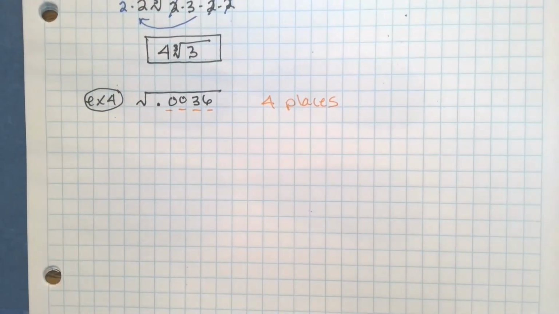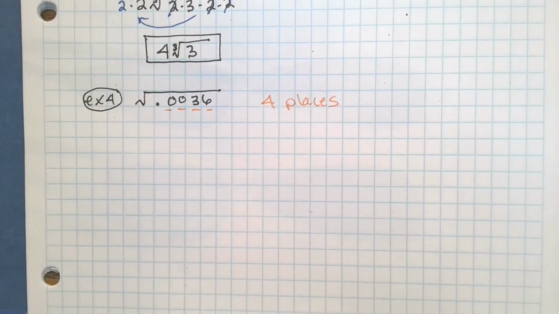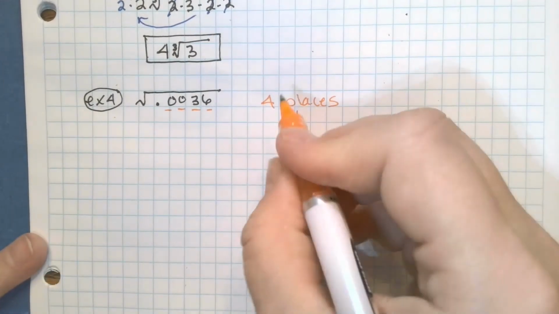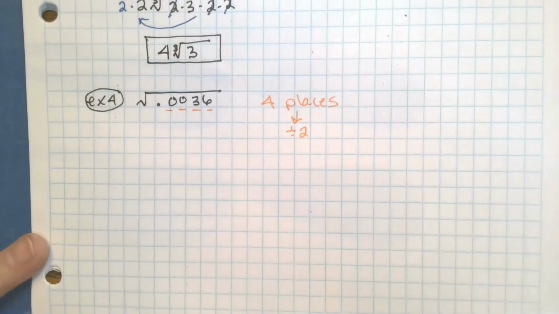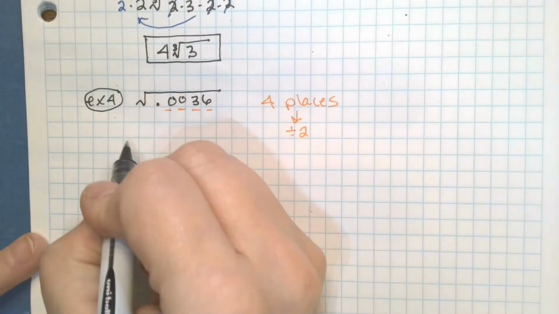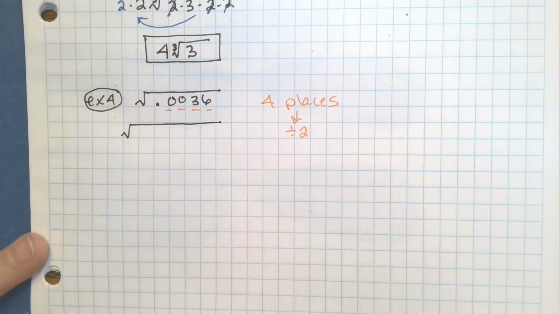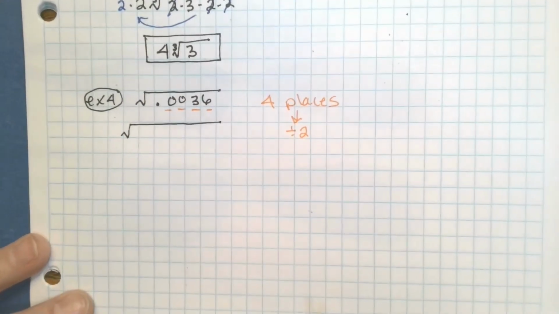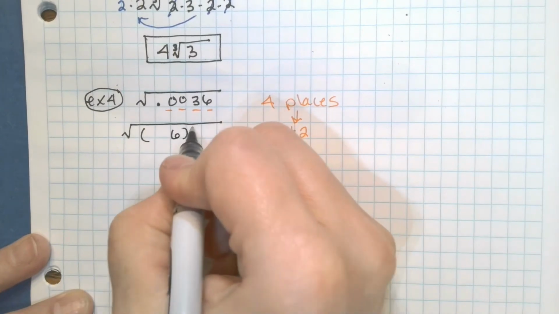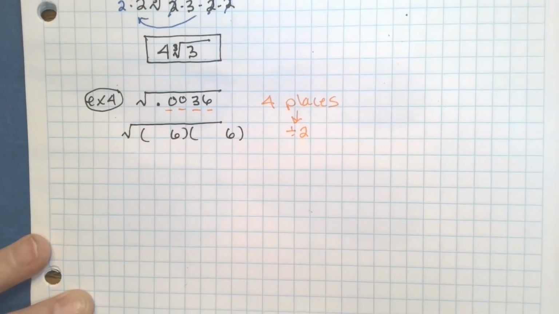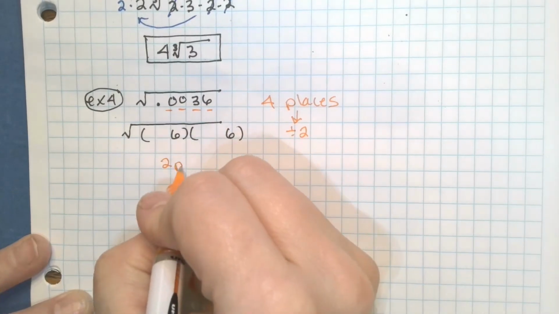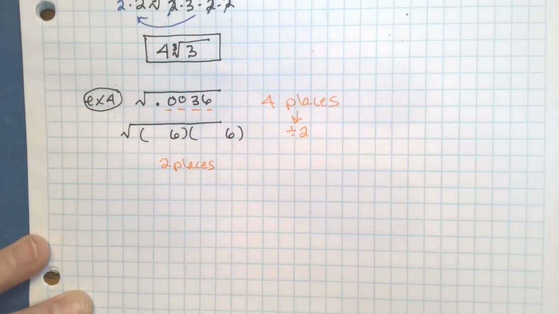And we know that we need 2 identical numbers for 1 to come out. So you take the number of places and you divide it by 2. That gives us 2 places. So when you are factoring this, you know that 36 is 6 times 6. So you're going to put your 6's in their own parentheses, and then you want 2 decimal places for each of them.